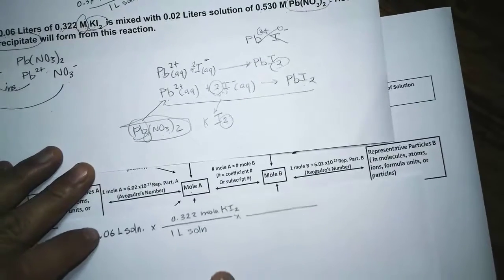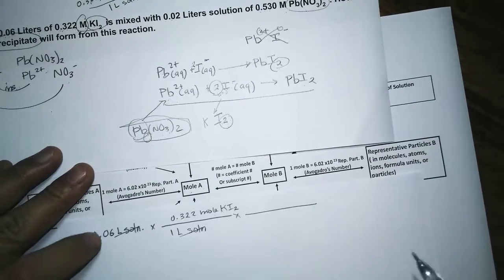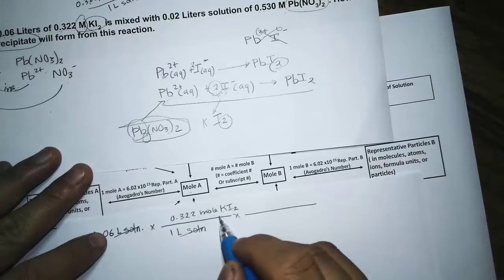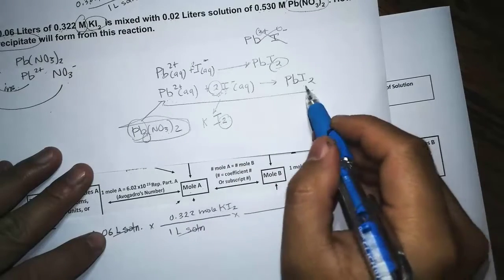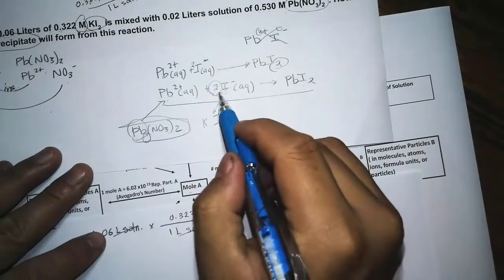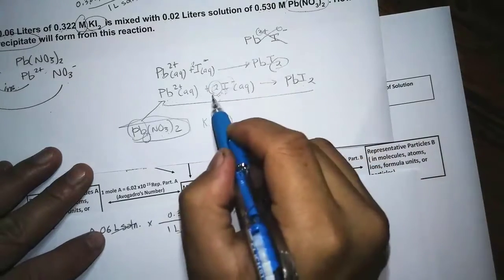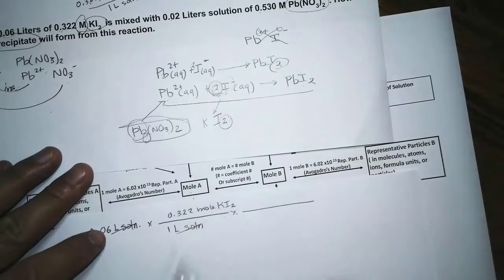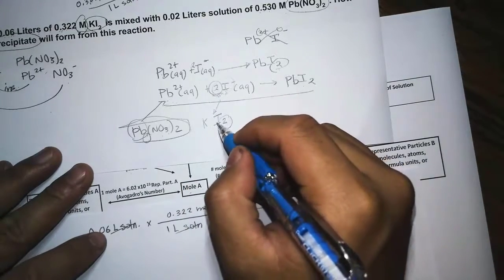So what we have here is the solution cancels out. In this case, the solution of iodide cancels out, so what we have here is moles of iodide. But the chemical reaction does not have moles of iodide, but we have that right there, and it has a coefficient of 2. So again, we can use this to represent that.